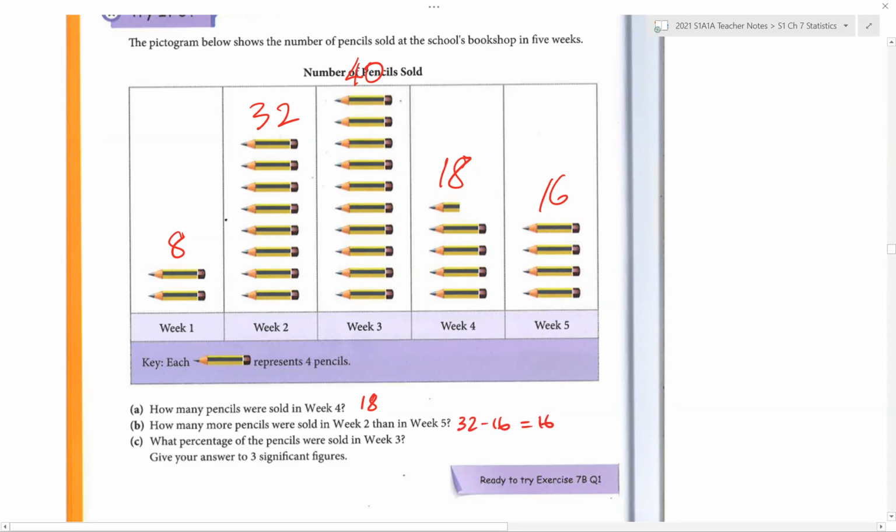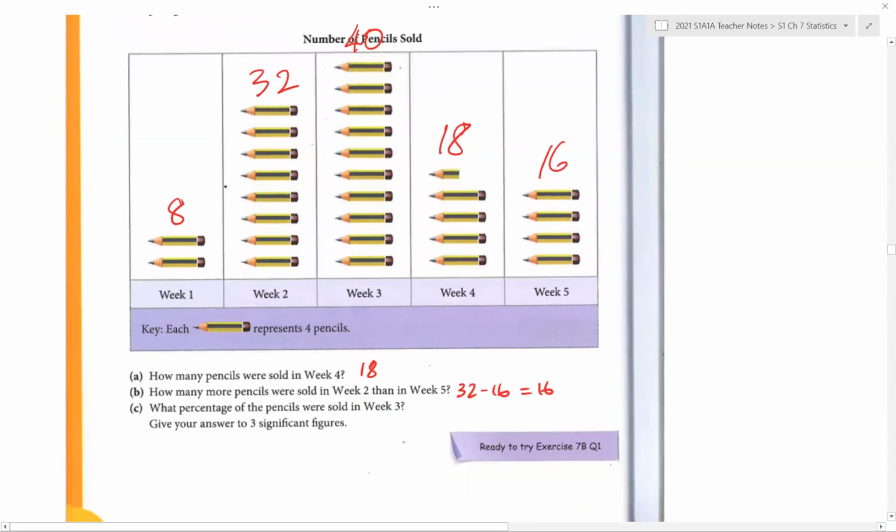What percentage was sold in week 3? Okay, what is the total? How many? 160? A 60 only. No, it cannot be 60. How many? 40, 80, 98, 108, 114.